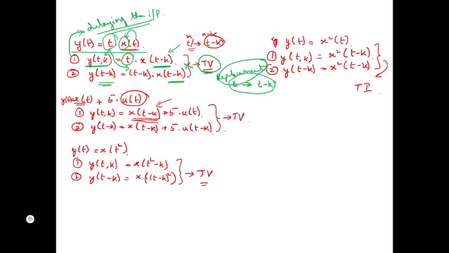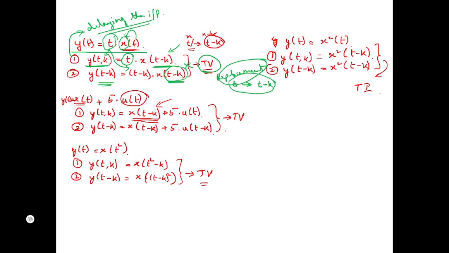Here also, wherever you see t, you have to put t minus k, and if it is n, n minus k. Okay. Why won't we do it? We did it here. Wherever you see t, you have to close your eyes and put t minus k.